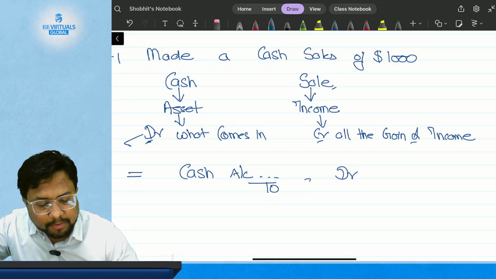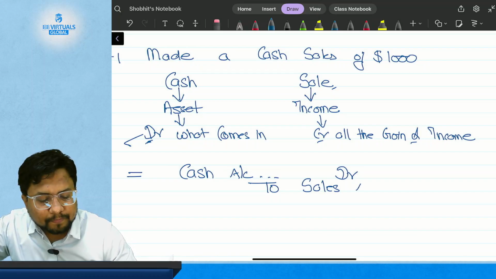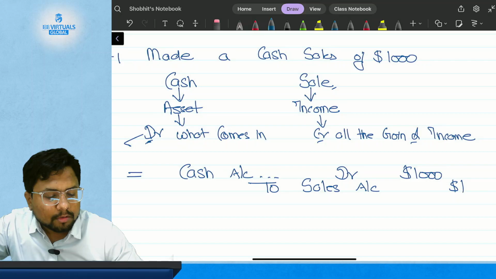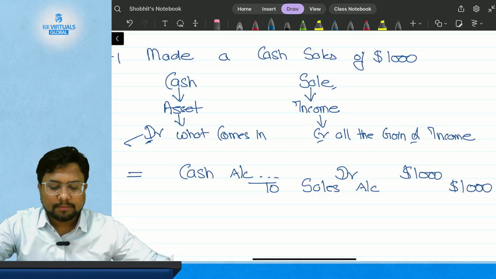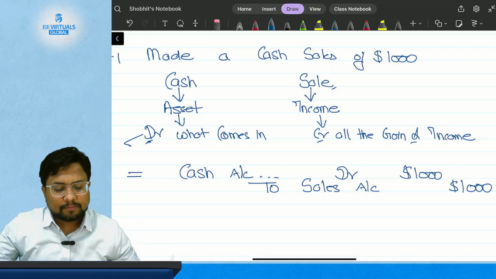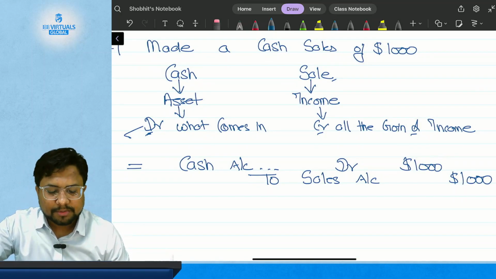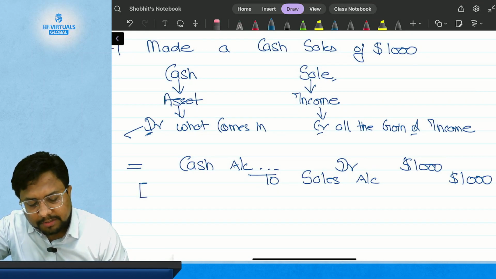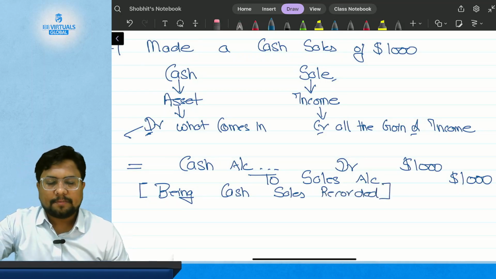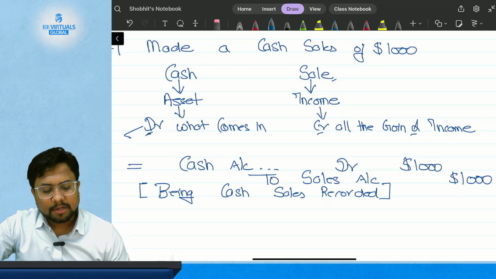Sales. So cash account debit to sales account dollar 1,000. The rules are debit the asset and credit the income. And what will be my narration? My narration will be being cash sales recorded. Narration can be anything which is easy to explain.